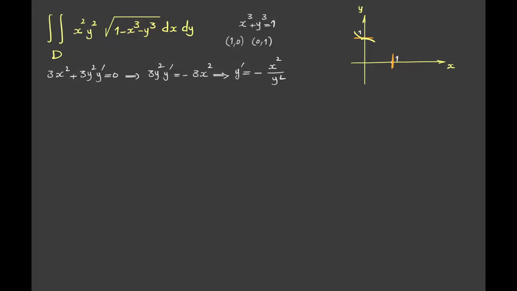So I hope that you agree with me that we now have a good understanding of our curve. If I ask you where this D is, it should be limited by the coordinate axes and this curve. So this is actually the region that the problem is talking about, and we are supposed to integrate over here.